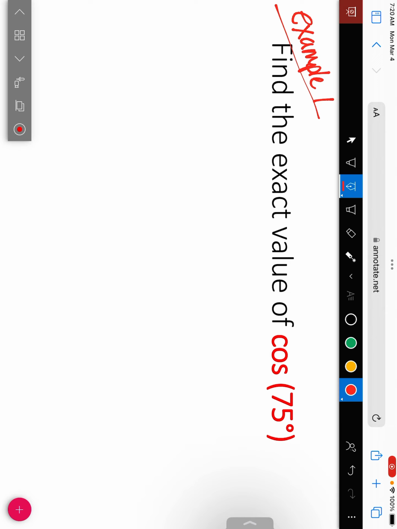It's 75 degrees, an angle not on the unit circle. We can do this using sum or difference, and we'll start off with sum.